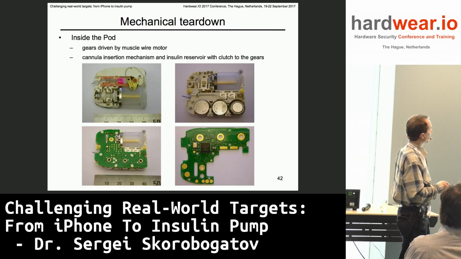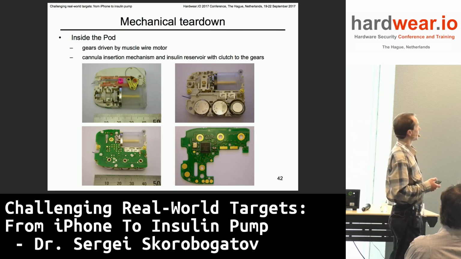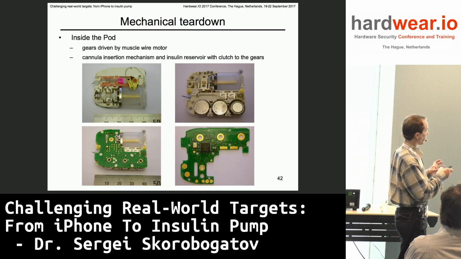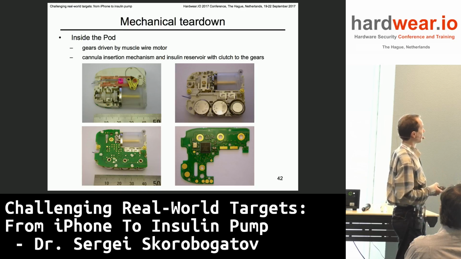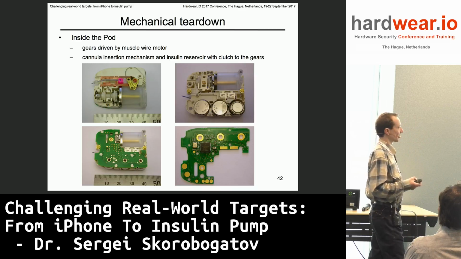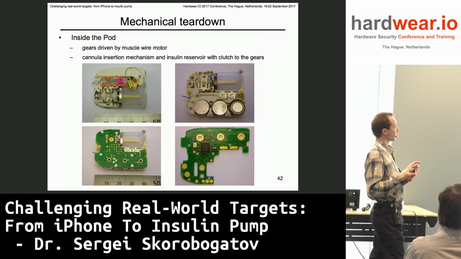Inside the pod they have quite interesting mechanical solutions, because they have a motor which is not driven by an electric field, but by muscle wires. Muscle wire is a special type of metal wire that, when heated, doesn't expand, it actually contracts.